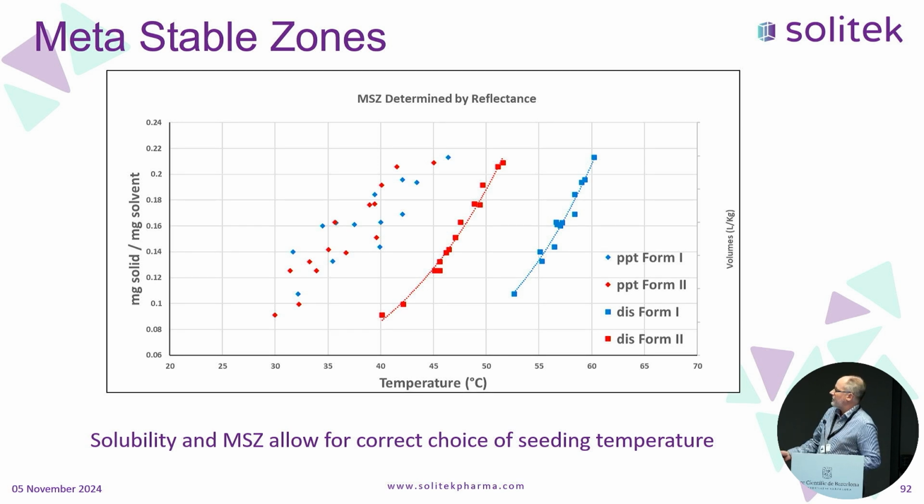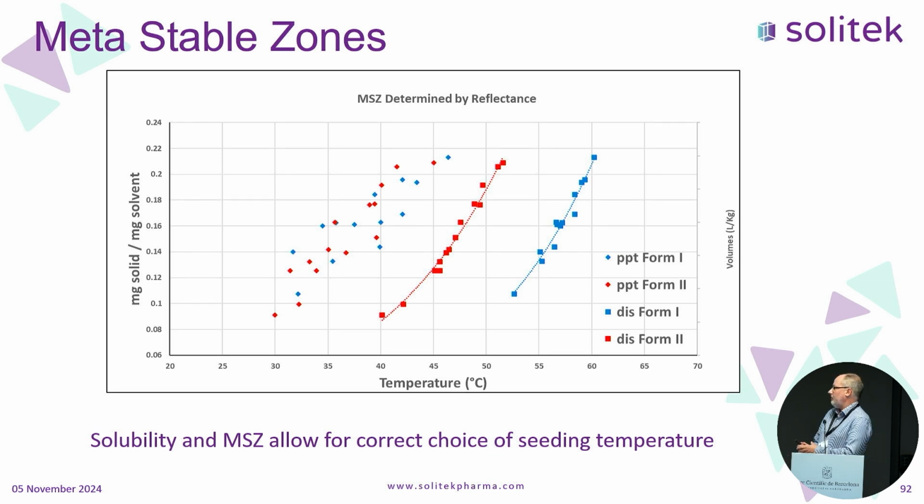And the same thing happens for form 2. Form 2 has a different solubility, it's a different polymorph. When we do the cooling, we don't see precipitation immediately. We see precipitation at a lower temperature. Why? Because we need a significant supersaturation to induce primary nucleation. And this generates what we call the metastable zone.